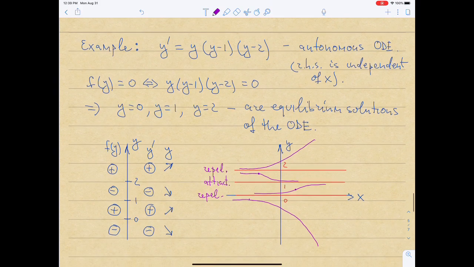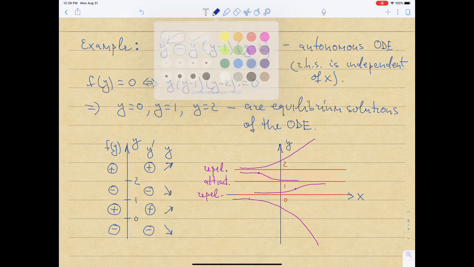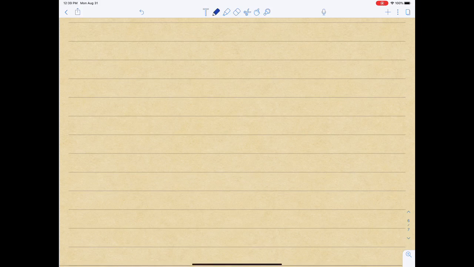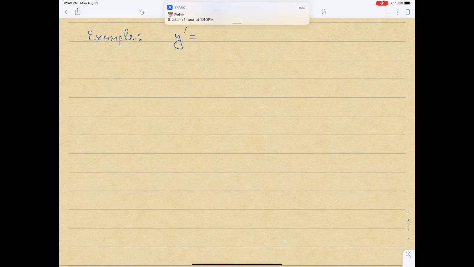Let's do one more example of this. Let's try y prime equal to, let's say, sine y.